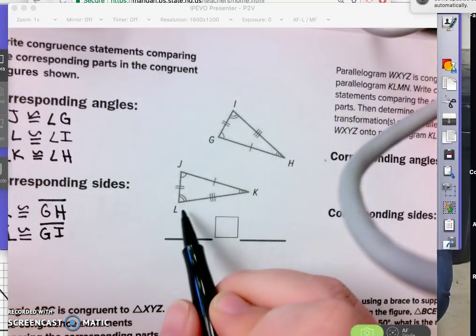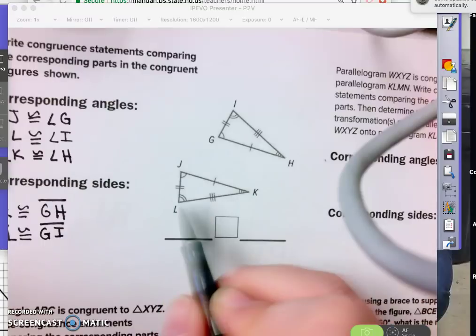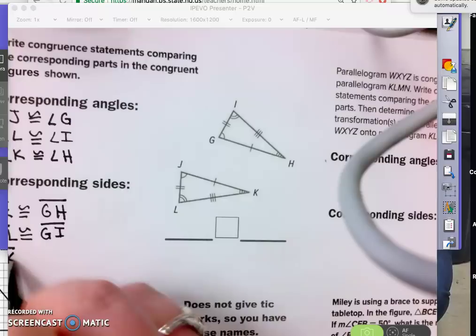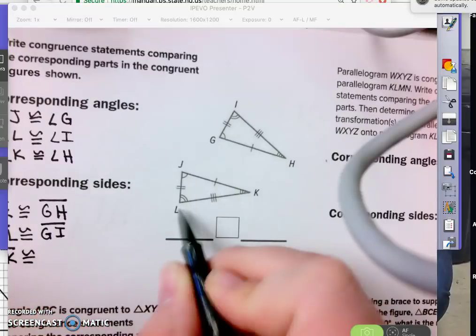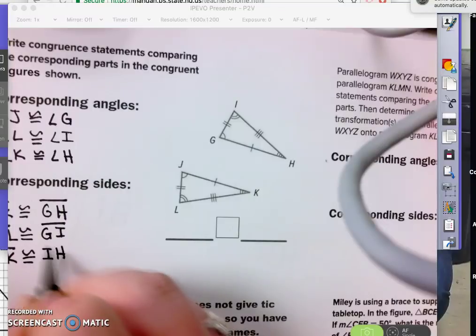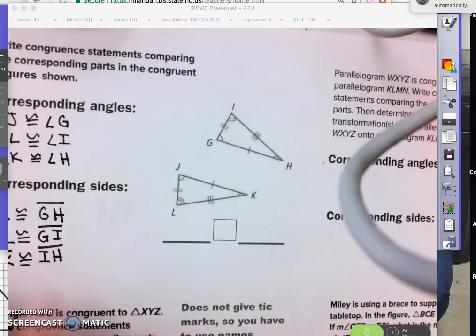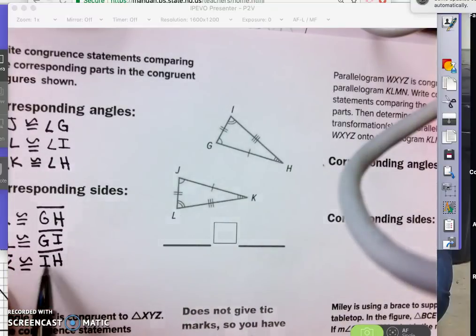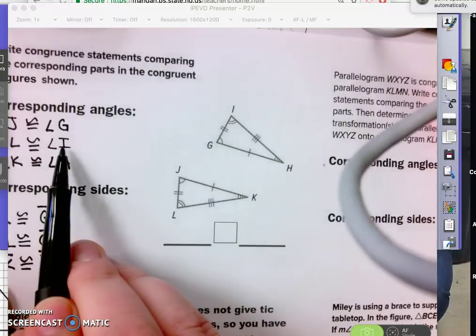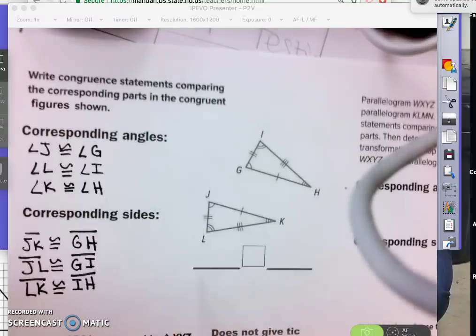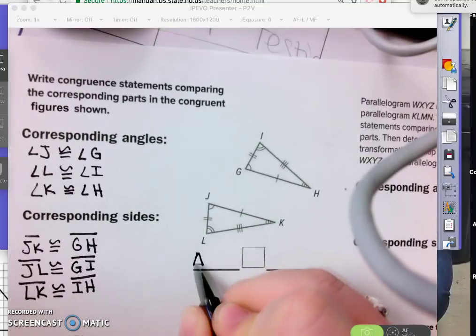Okay, and then my last side is the 3, so I'll start with L, and LK is congruent to, and I started with the 2, so I'm going to start with the I, IH. And if I look here, L and I, they're always the first. Okay, and then I want to write triangle.